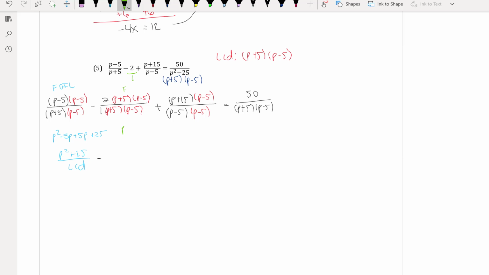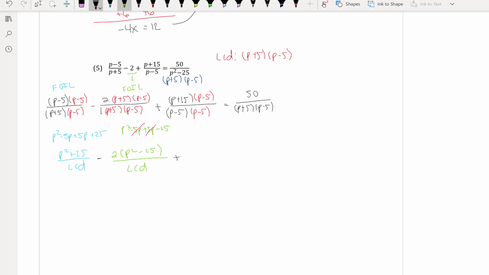If I FOIL as well, I'm going to have p squared minus 5p plus 5p minus 25. And it's all going to get multiplied by 2. So 2 times my p squared. What's really nice about this is that negative 5p and the positive 5p cancel out, and I have that minus 25 all over my LCD.